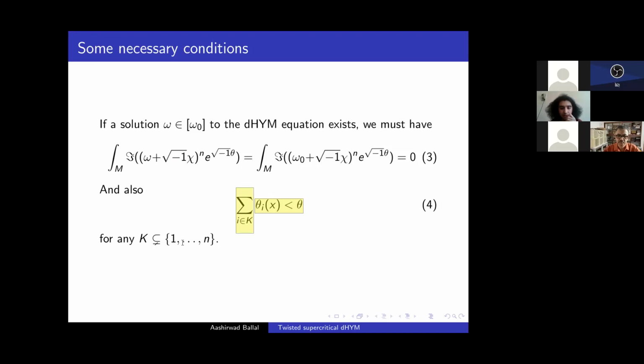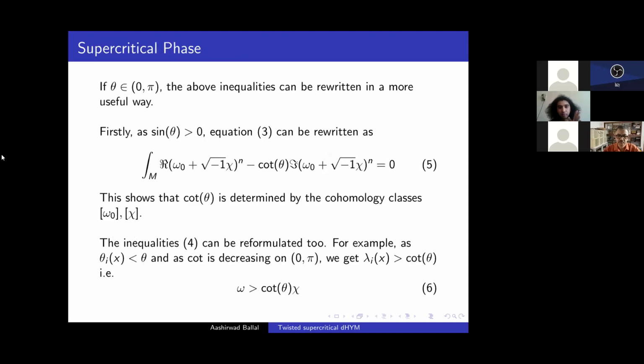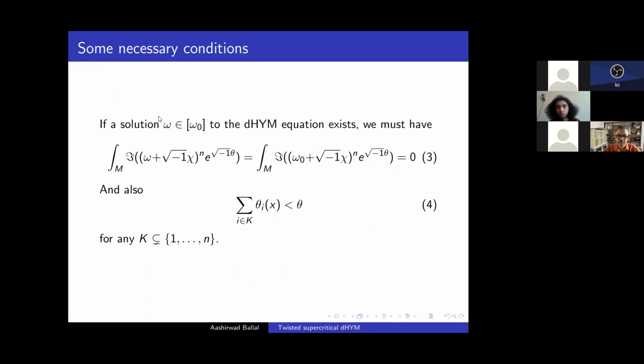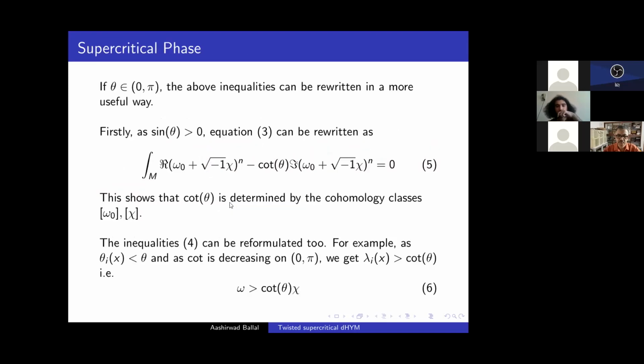Now, if this angle theta is in this range, then that's a more useful way of writing down both these conditions, but mainly this condition. So if theta is in this range, then sine theta is greater than 0, so we can divide.